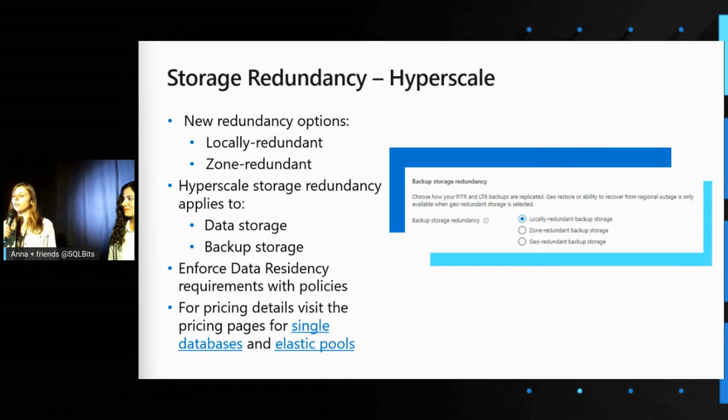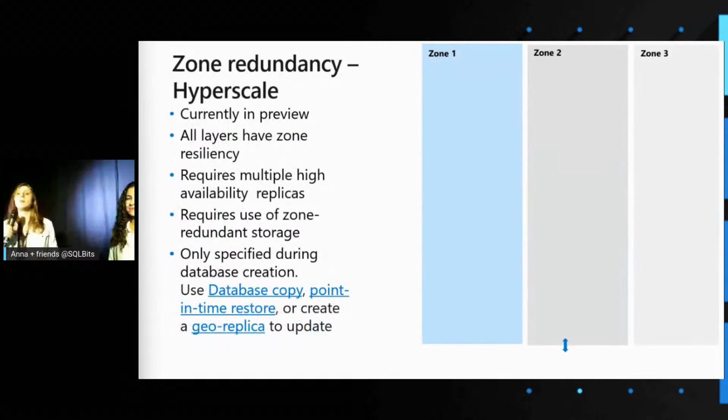Your three options are local redundancy, which would mean that your backup and data files would be locally redundant within a data center. Zone redundant, where your data and backup files are going to be replicated between the availability zones in an Azure region. And then geo-redundant, which is currently the default configuration for hyperscale, and that would have your backup and data files replicated to another Azure region as well.